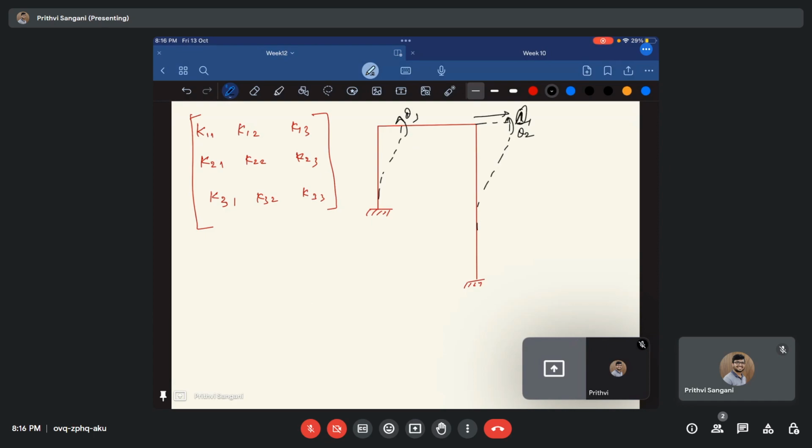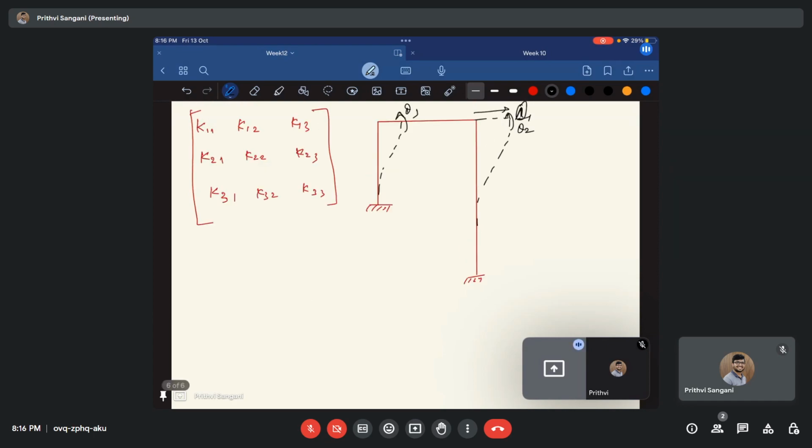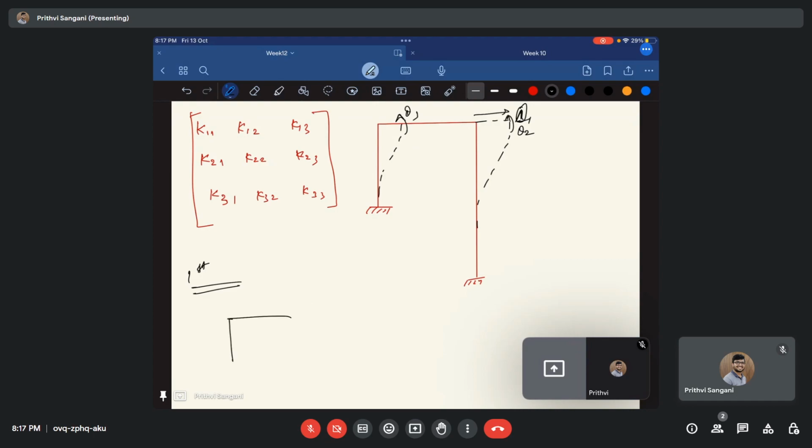Now apply a unit displacement in the first degree of freedom and restrain the other degrees of freedom. So first column.